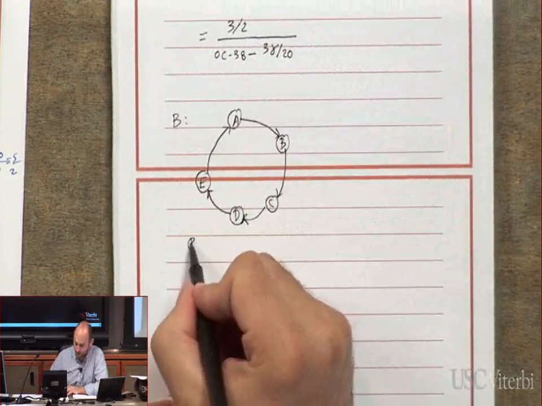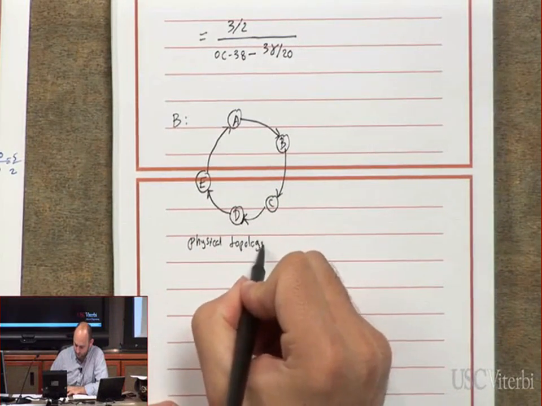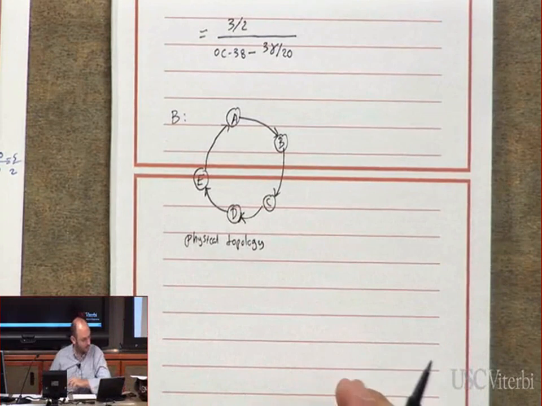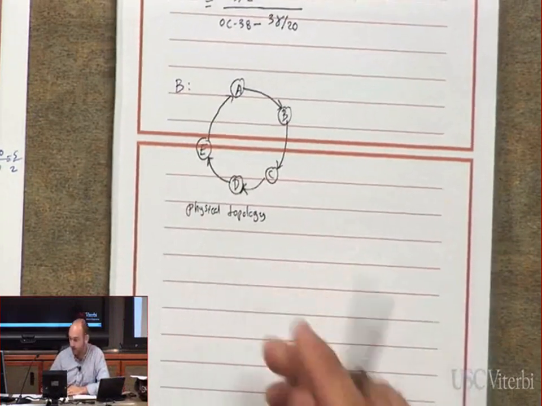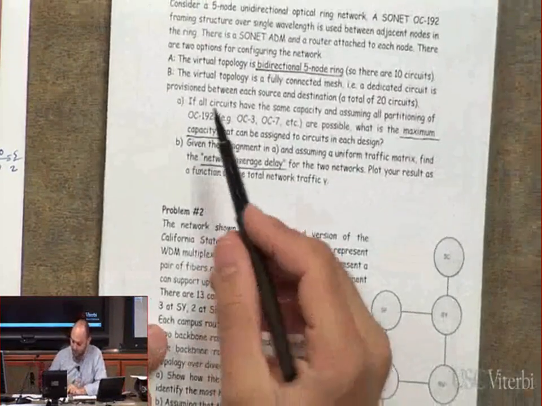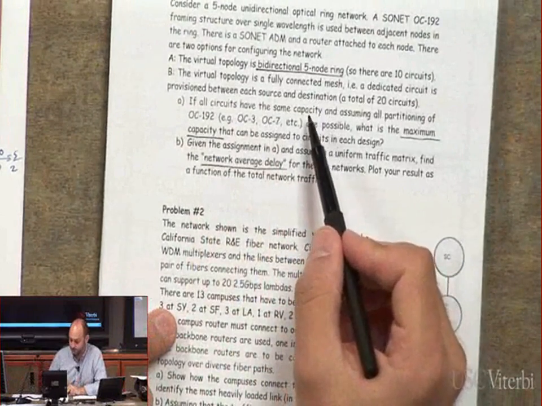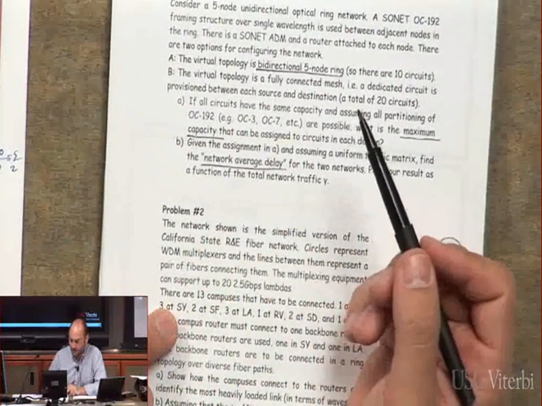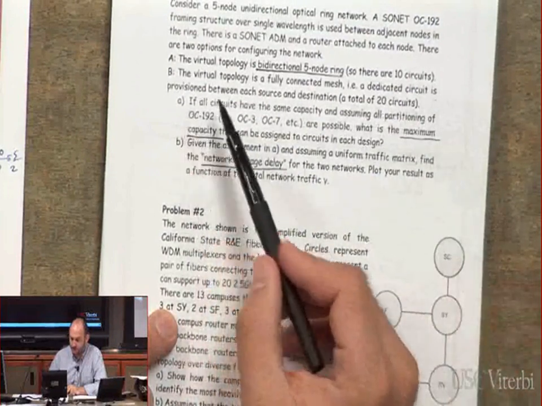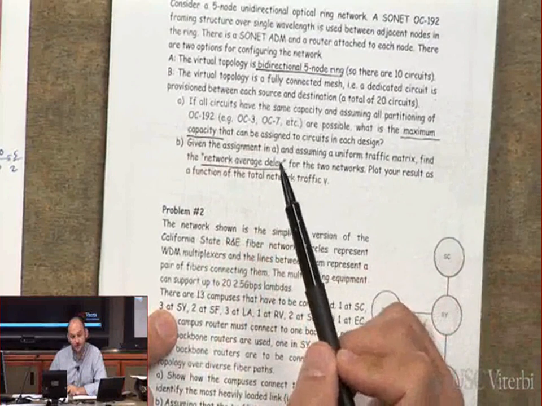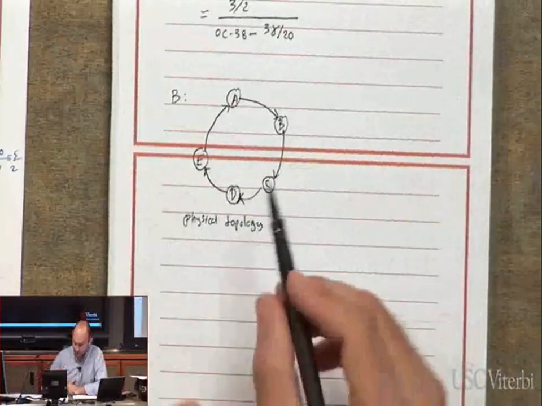This is the physical topology. And the logical will be, what do we want? For the logical topology, part B is a fully connected mesh, obviously of 5 nodes. In other words, we have a dedicated circuit between each source and destination. Make sense?